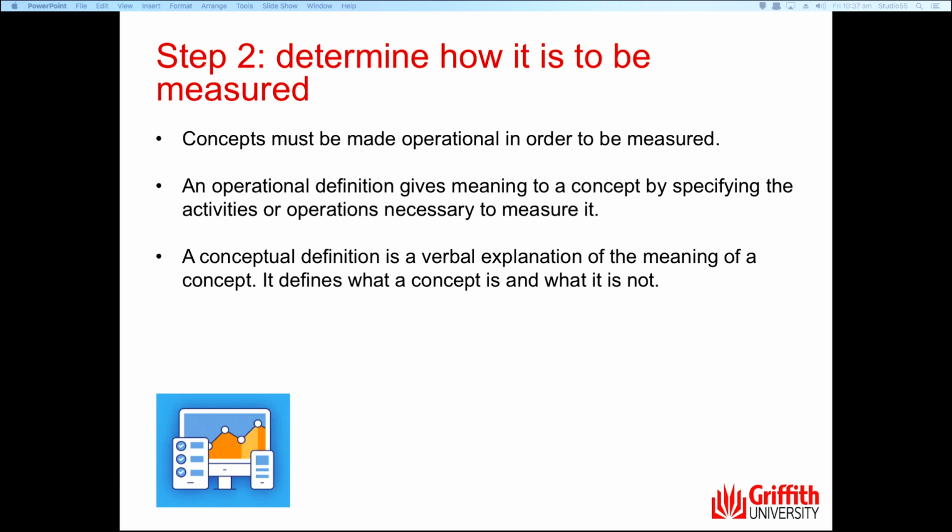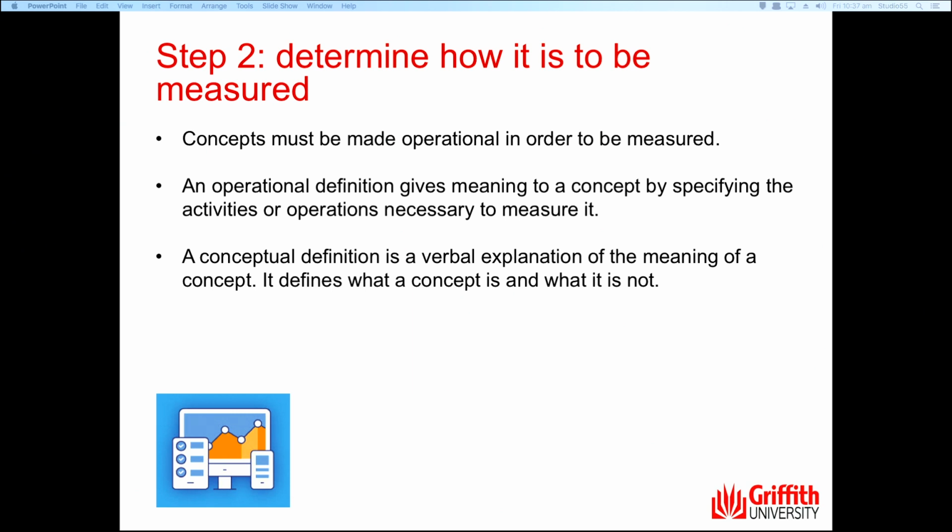So we need a conceptual definition of each of the terms. What is materialistic, what is consumer ethics, what is people's intention, and so on. A conceptual definition is a verbal explanation of the meaning of a concept. It defines what a concept is and what it is not.